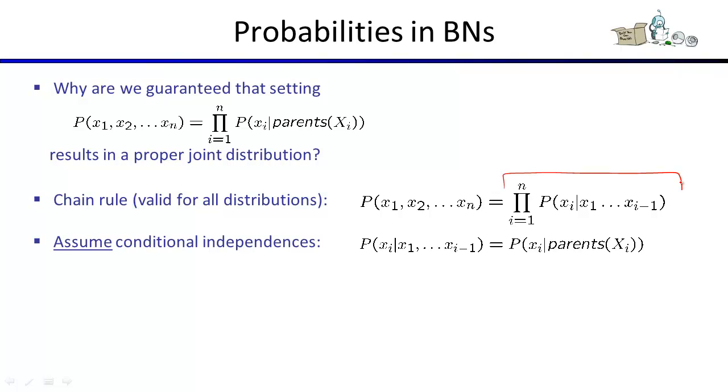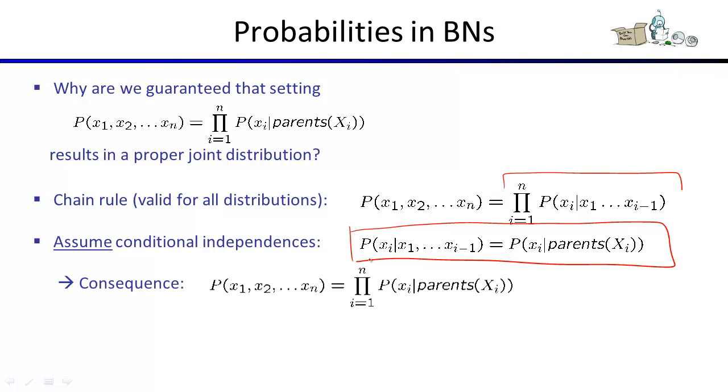If we make a conditional independence assumption, this one here, for each of the variables, namely that the distribution for xi given all preceding variables, x1 through xi minus 1, is the same as the conditional for xi given just the parents of xi, then we can make a simplification. We can go from the original chain rule expression to the expression that we had for Bayes net joint distributions.